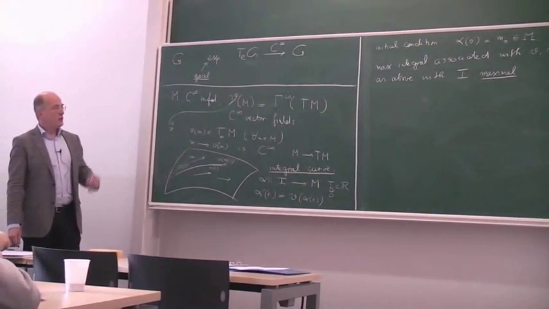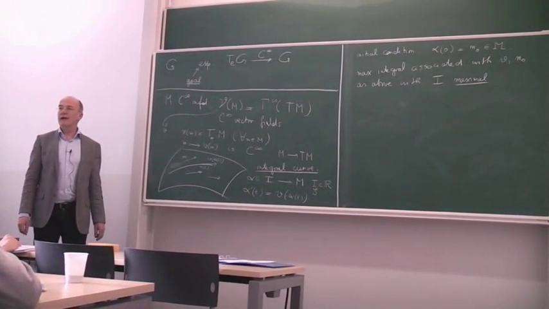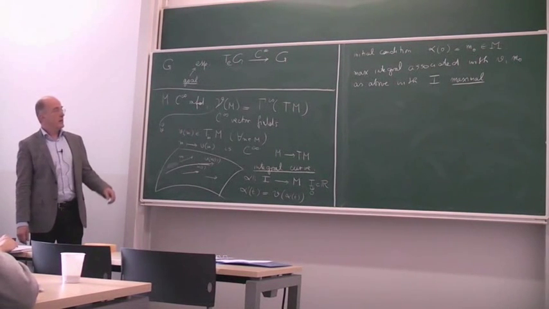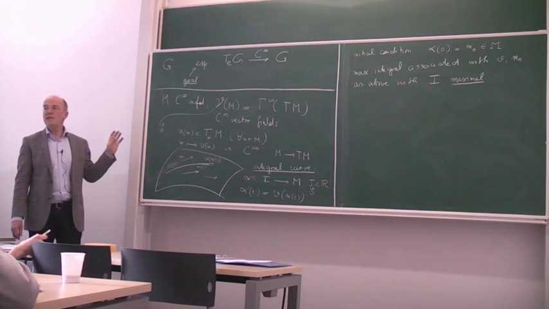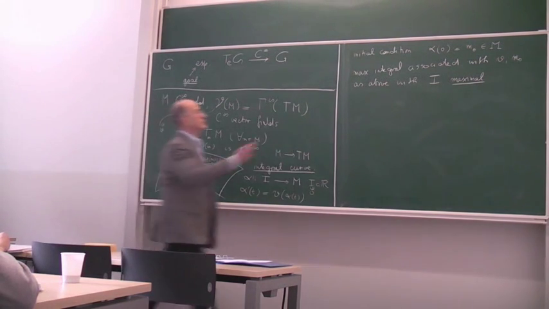And now, as a consequence of the theory of ordinary differential equations, in particular the existence and uniqueness theorem, it follows that with these data, such a maximal integral curve always exists and is uniquely determined.